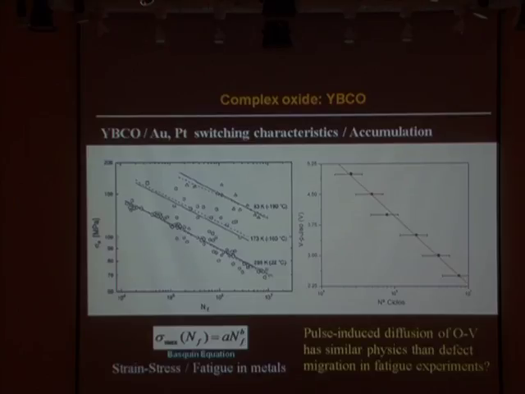So we think that here there is also similar physics when you are pushing these vacancies. It is very similar to the fatigue experiments in metal. You are moving the defects in one case, and here you are moving the oxygen vacancies. So we think this is very similar physics that is interesting to follow.